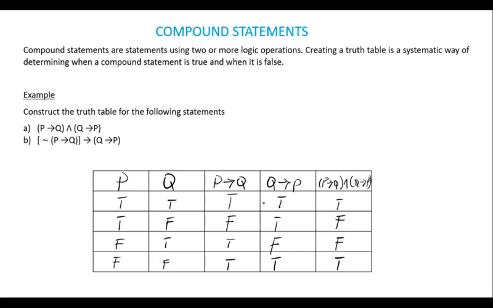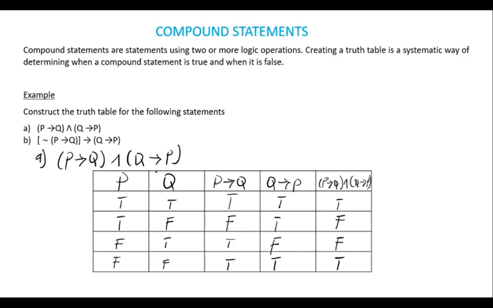So here we have true, true, so it is a true statement. But once we have one of them to be false, the final truth value is false. So this is for the A aspect of this question, which is P implies Q and Q implies P.